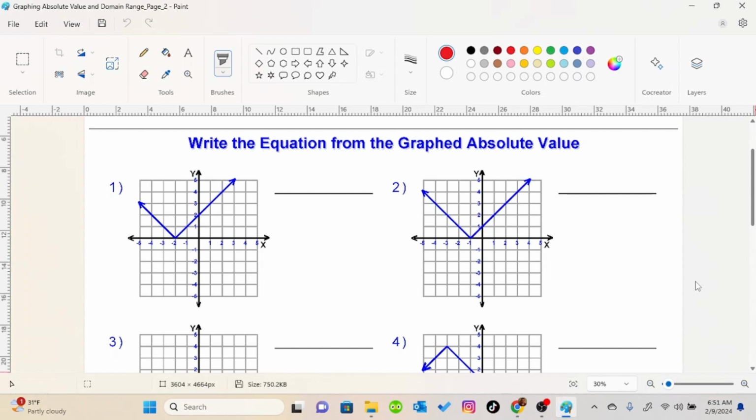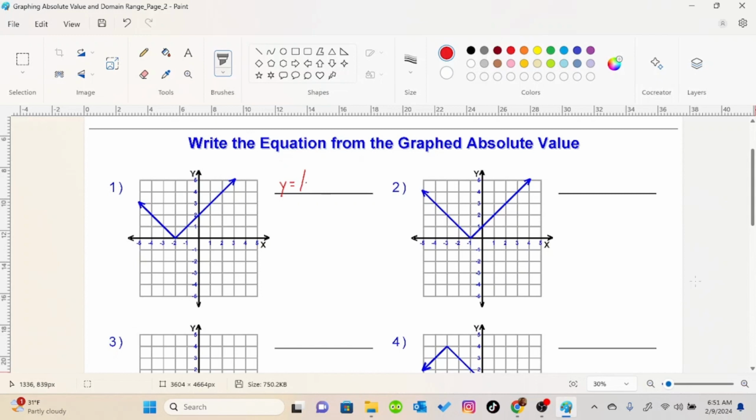On page 2, we are going to write the equation from the graphed absolute value function. So this will always start out with y equals. Number 1 opens upward, so that's positive.